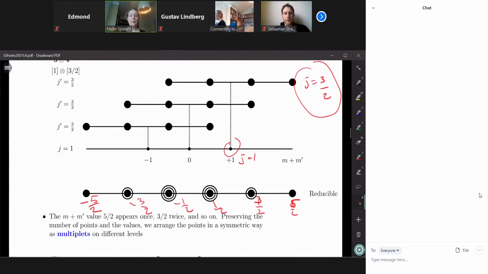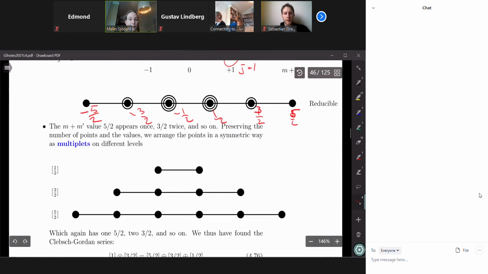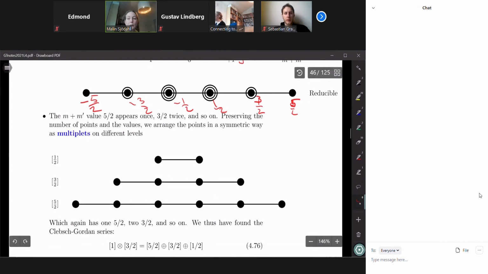Okay, so in this way, we obtain all possible ways of obtaining a certain total spin Z. Then we want to find what irreducible representations that corresponds to and how many instances we possibly have of these representations.